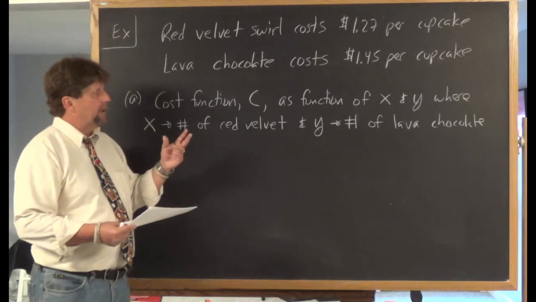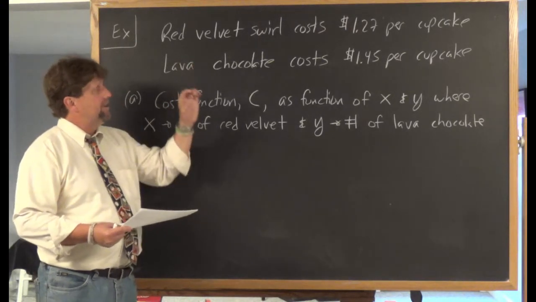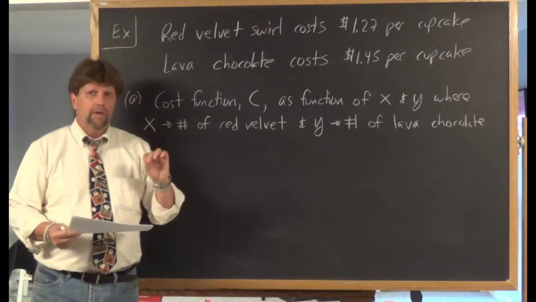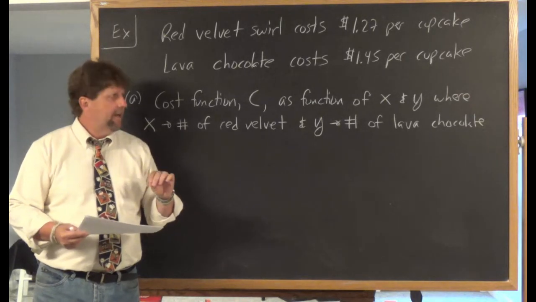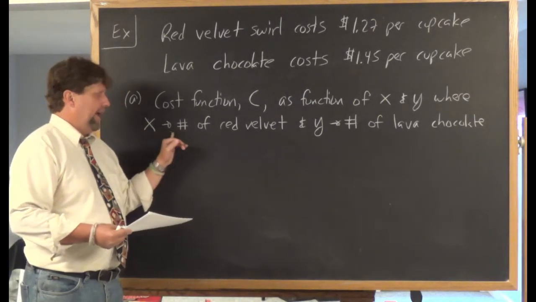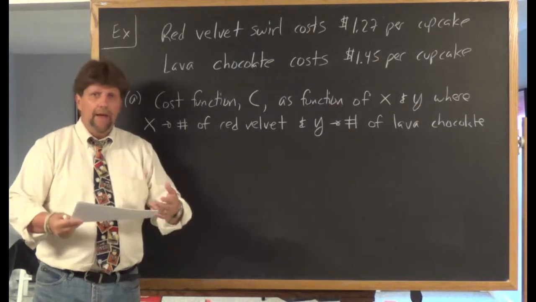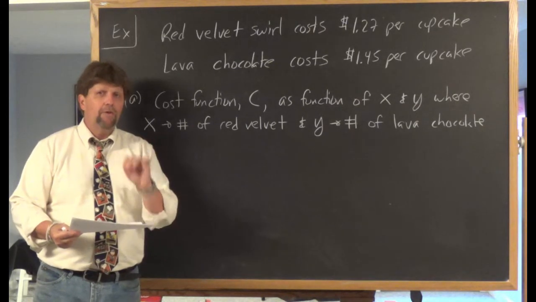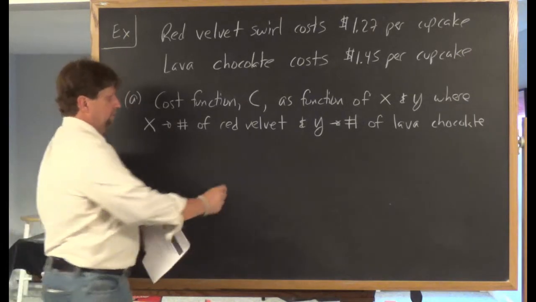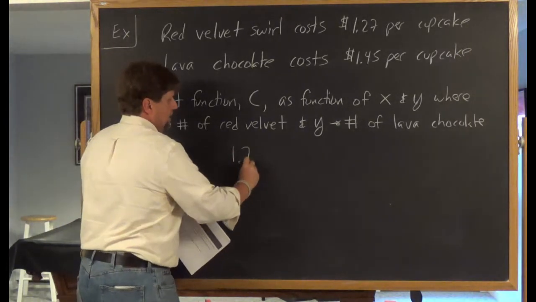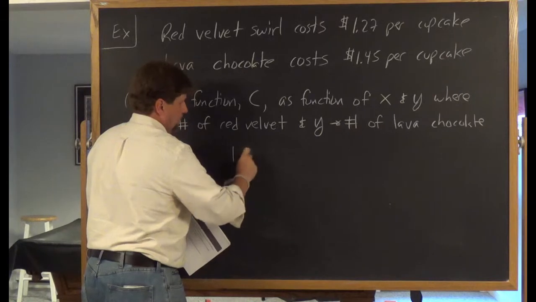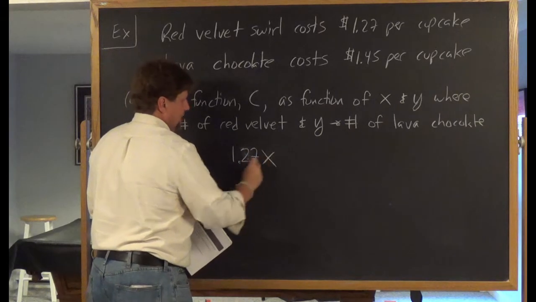If it costs $1.27 for each of the red velvet swirl cupcakes, and x represents the number of red velvet swirls, then the cost just for the red velvet swirl would be $1.27 times x.